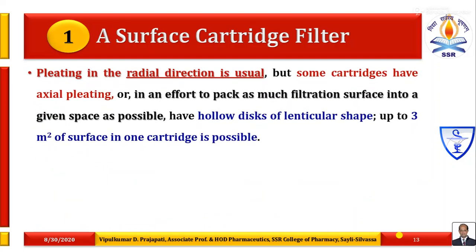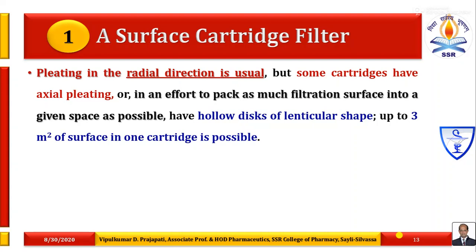Pleating in the radial direction is usual, but some cartridges have axial pleating, or, in an effort to pack as much filtration surface into a given space as possible, have hollow discs of lenticular shape, and up to 3 square meters of surface in one cartridge is possible.